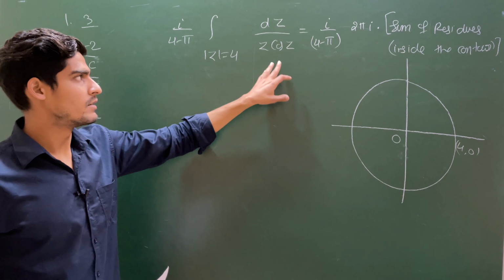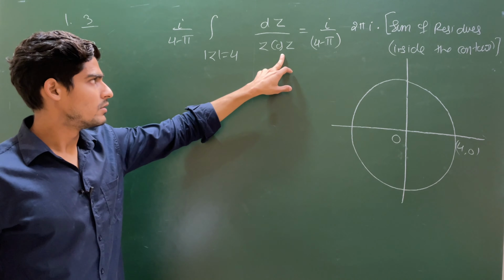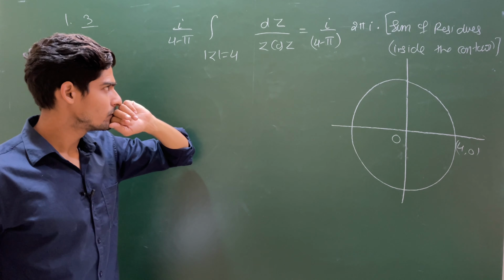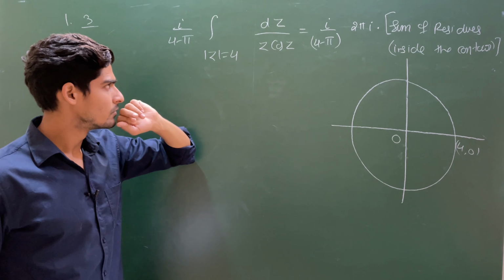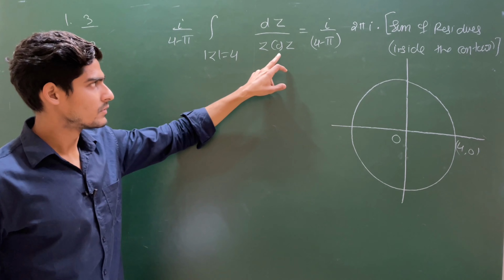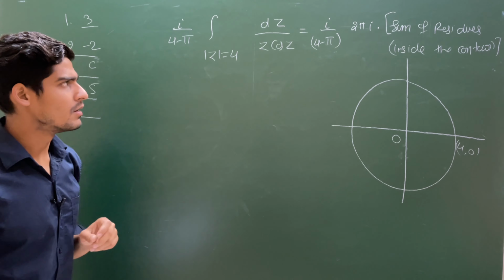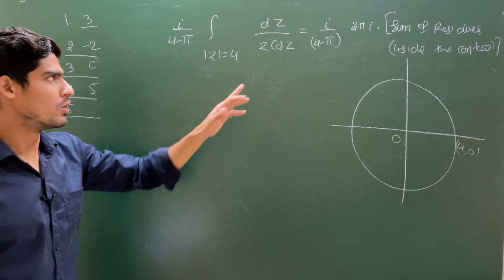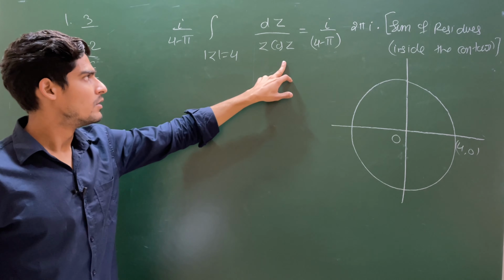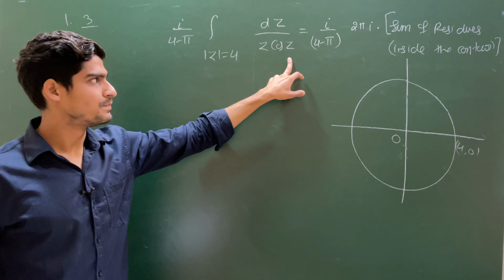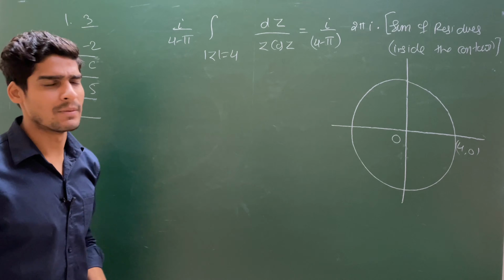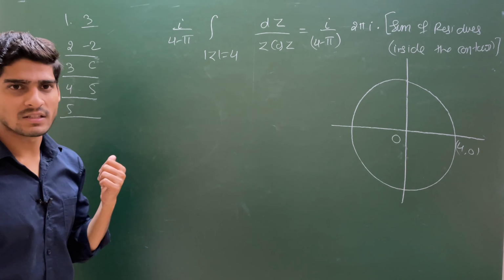Can you give me other points? cos z has zeros. The zeros of cos z are pi by 2, 3 pi by 2. You know all the zeros of cos z are real, so it has pi by 2, 3 pi by 2, minus pi by 2, minus 3 pi by 2.